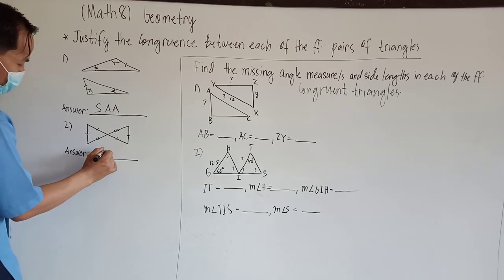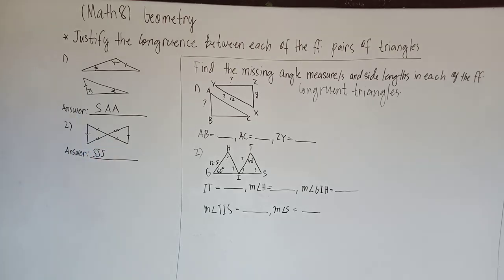So it is SSS. If three sides of one triangle are congruent to the corresponding three sides of another triangle, then the two triangles are congruent. So for number 1, we have SAA, and for number 2, SSS.